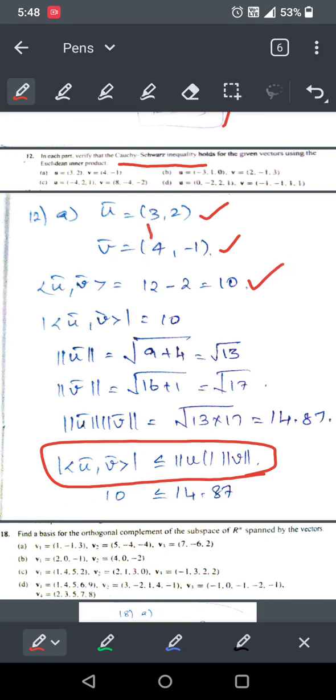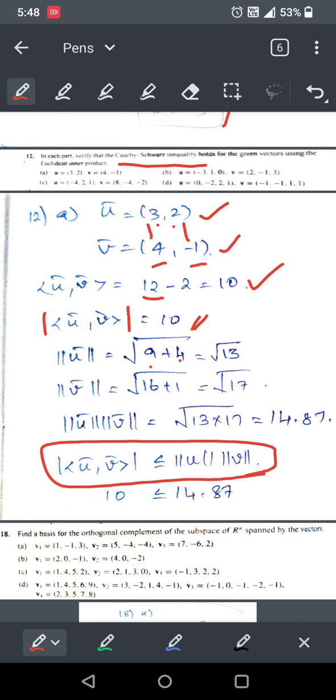Multiply these two. 4 into 3 is 12 plus 2 into minus 1 is minus 2. You will be getting 10. And this mod will convert your negative value into positive value. It is already positive, so we will be getting the same. Next, norm u. Norm u is equal to root of 3 square, which is 9, 2 square, which is 4. That gives you root 13. Norm v. Root of 4 square is 16, minus 1 the whole square is 1, gives you root 17.